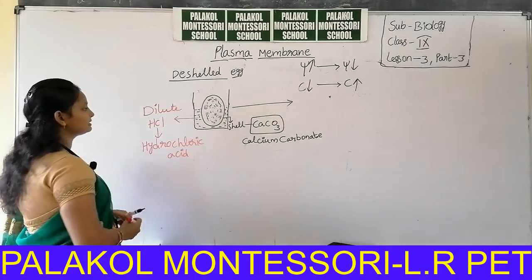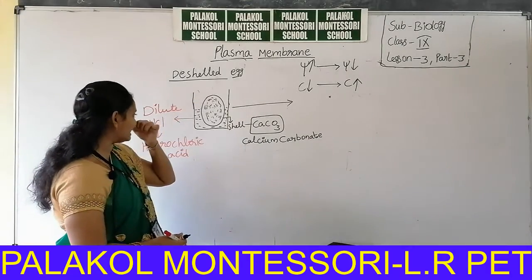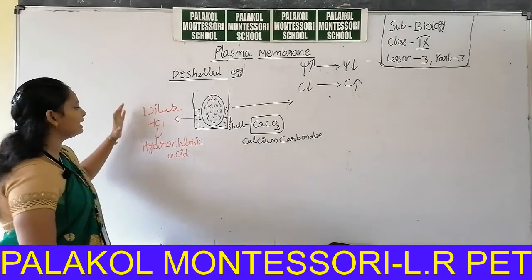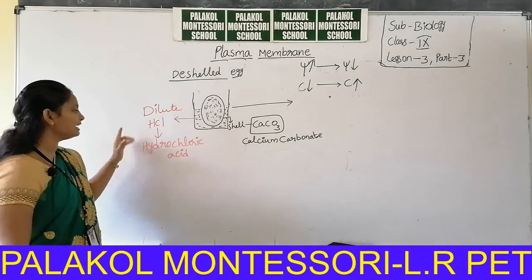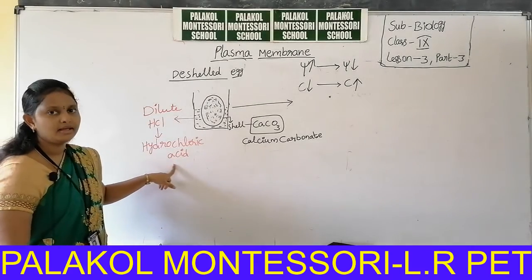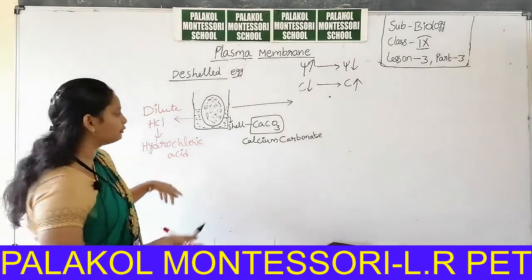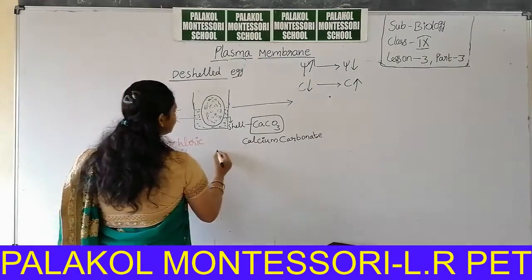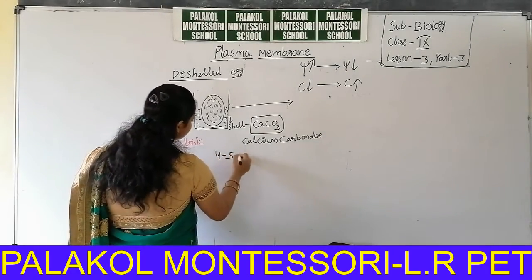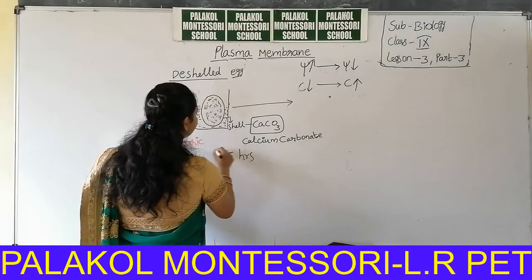Now this egg with its shell is placed in the dilute HCl. Then what will happen after 4 to 5 hours? Leave it for 4 to 5 hours.